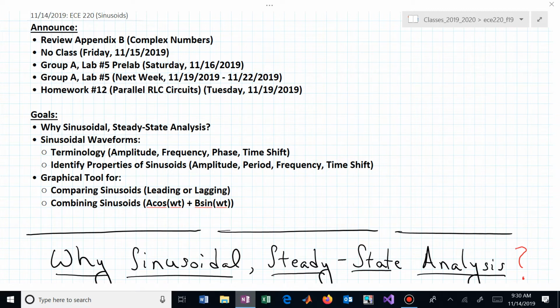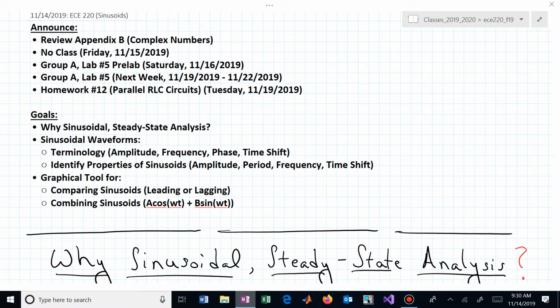But if you're in Group A, you need to make sure that you do submit your pre-lab for lab number 5 on Saturday. And I think yesterday we worked through a fair amount of that, so that should be, I hope, a little more straightforward.